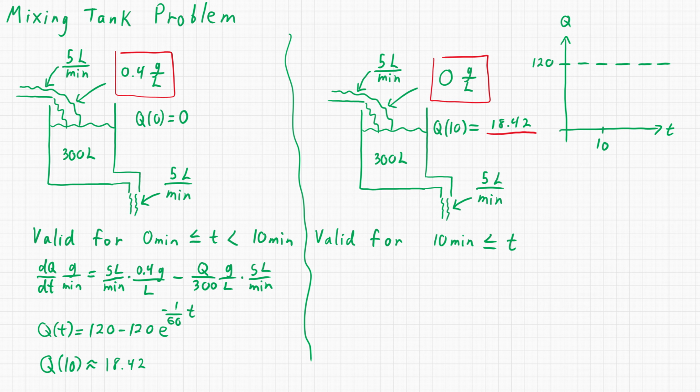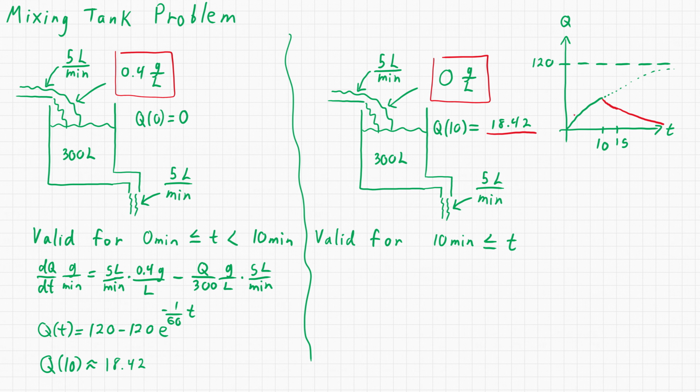You got up to 18, not very far, and if it could, it would continue and asymptote up to there, but all of a sudden you change the ODE, and so the new ODE is going to have a limiting amount of 0, and if we go to 15, you're going to start going down, and you're going to start where you left off. And this one would continue forever and ever. So that's the idea here.